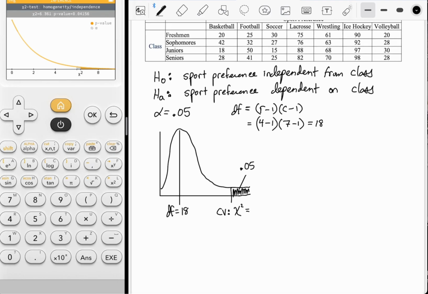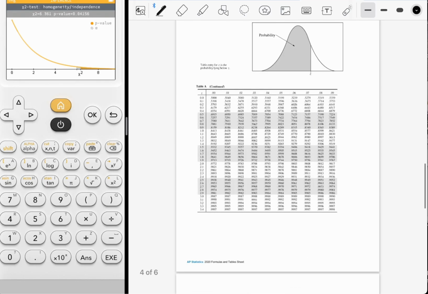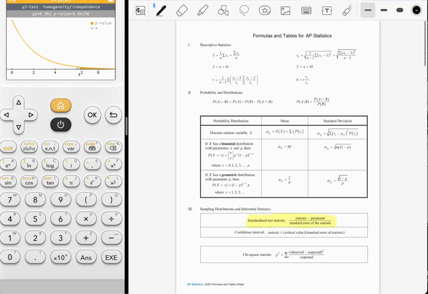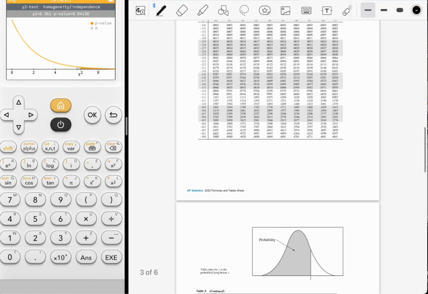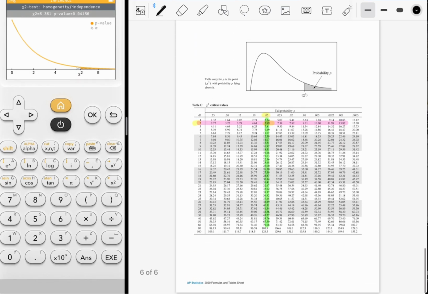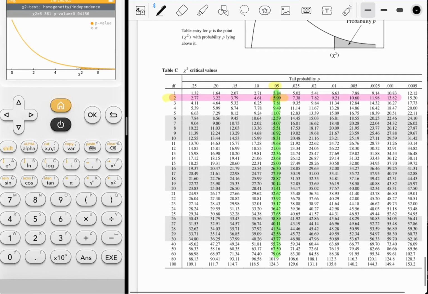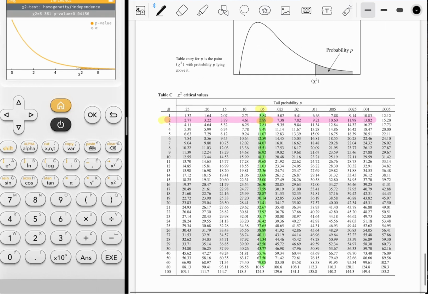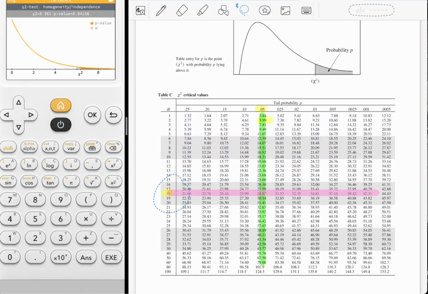All right, so we go to the chi-square table in the AP Statistics formula sheet or formula packet. We got all this stuff here. Talked about a little bit of it. You go down to the very end. The very last one is a chi-square. I have it highlighted from another problem, but basically you're just matching the alpha value, which is 0.05 in this case, with your degrees of freedom, which I believe I said was 18.